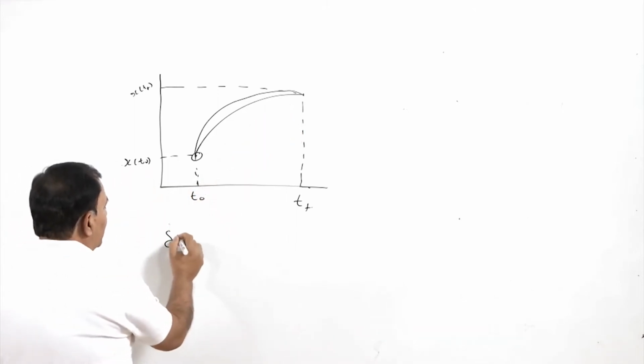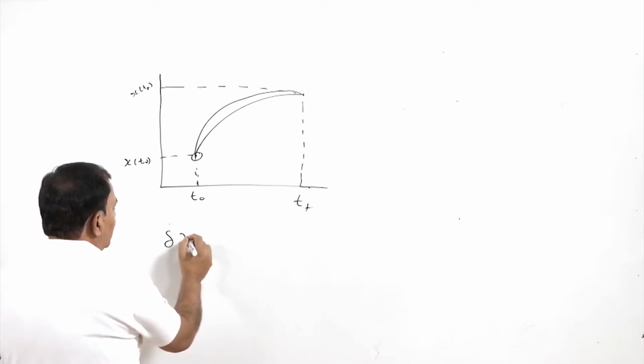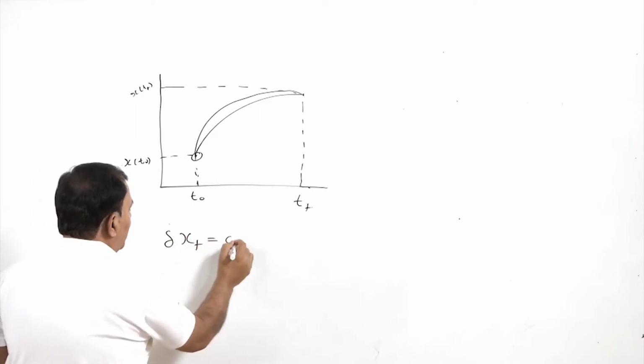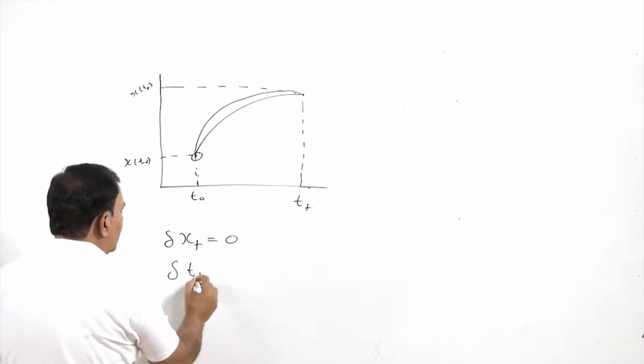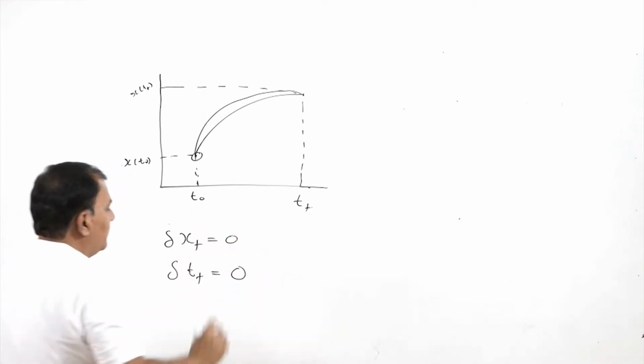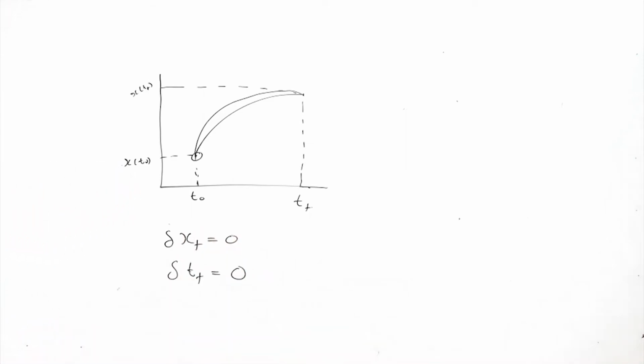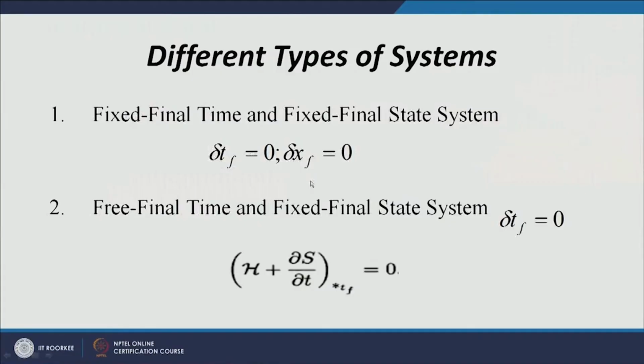My delta xf will be 0, my delta tf will also be 0. So, these 2, delta tf and delta xf, will be 0.